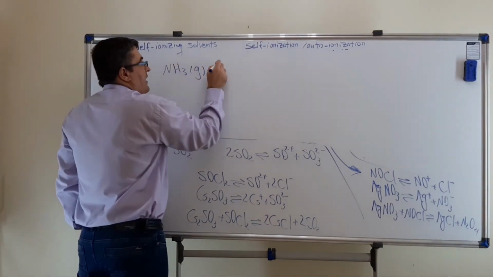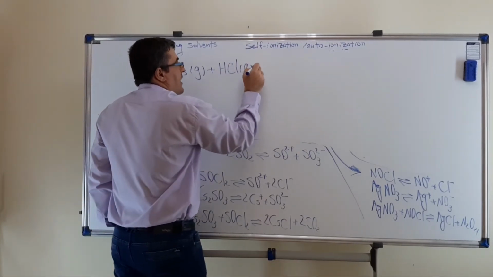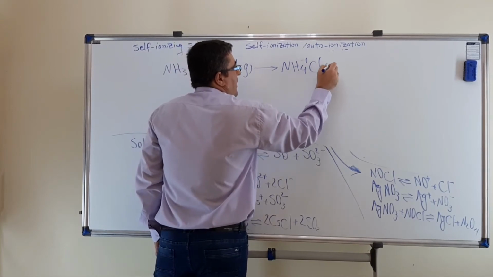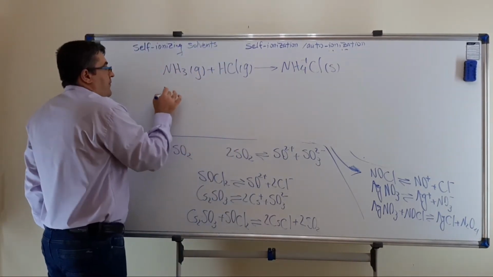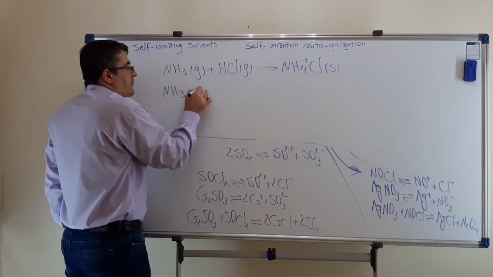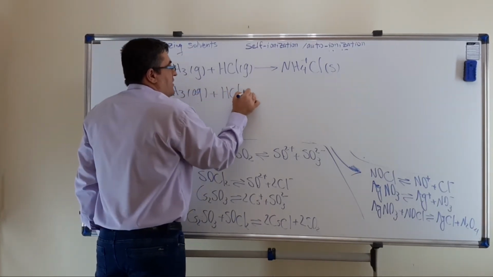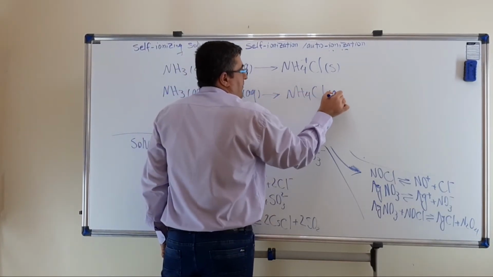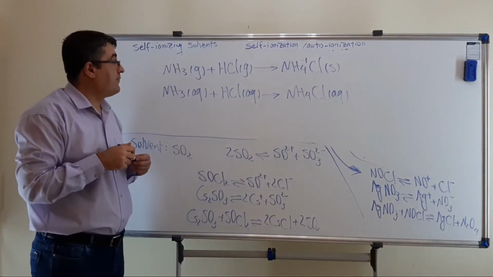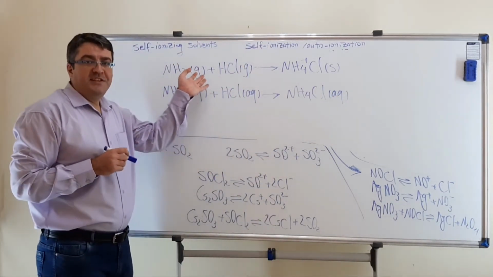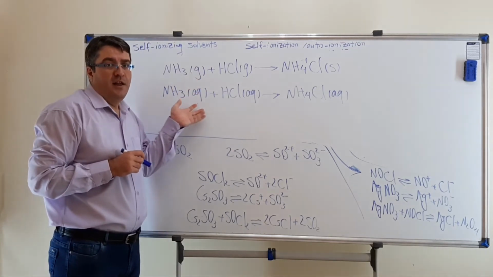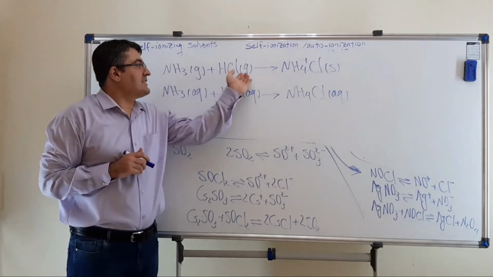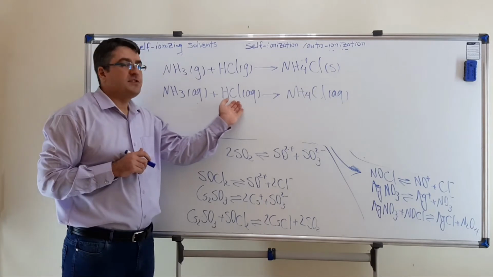NH3 and HCl in gas phase yields NH4Cl, and also NH3 and HCl in aqueous solutions yields NH4Cl again. These two reactions are almost identical, with the exception that this reaction happens in the gas phase, while this one happens in aqueous solutions.